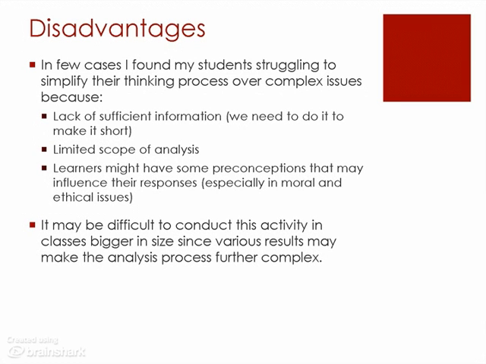Some of the problems that I found while adopting the pro and con grid in my class, one of them is that the students try to think too simply about a given complex issue. Business issues are always complex, as you all know. So in the way of doing that, they miss something that they must consider to evaluate the whole thing.